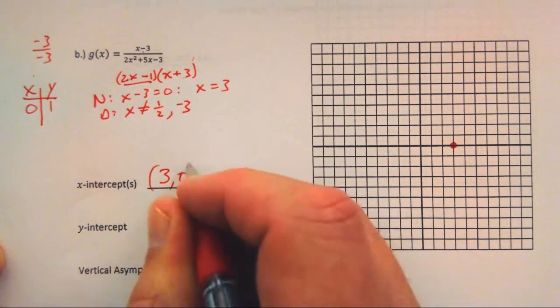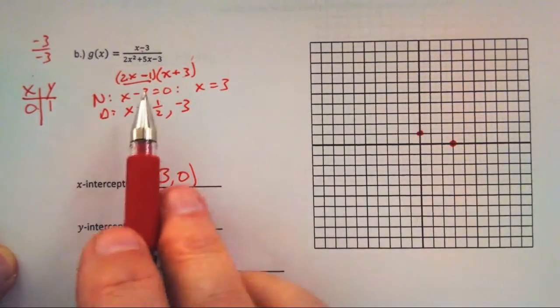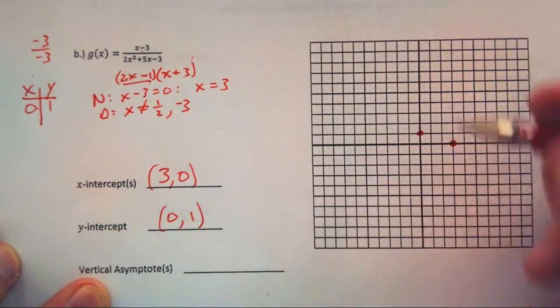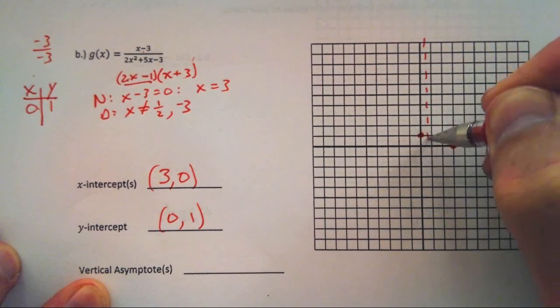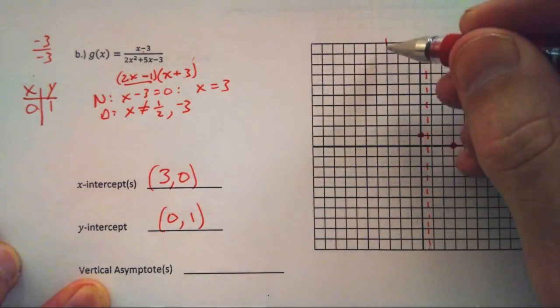That's an x-intercept. Y-intercept, 0, 1. Vertical asymptote at 1/2. x cannot be 1/2, and x cannot be -3.